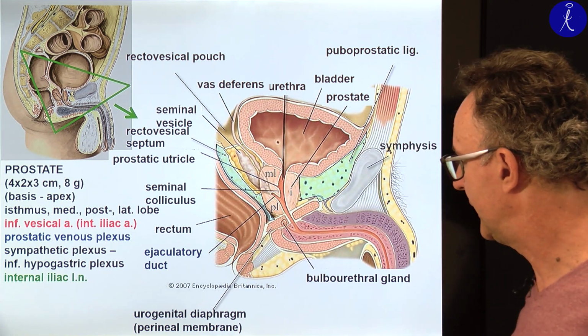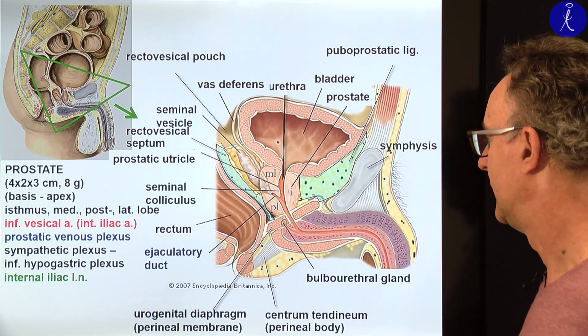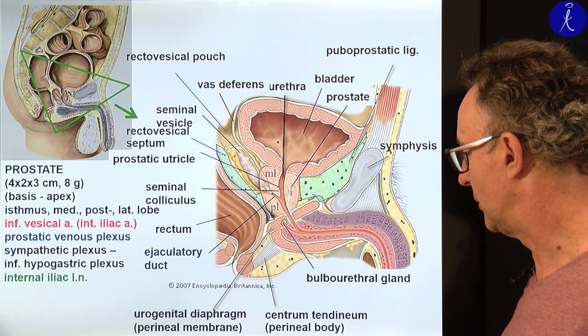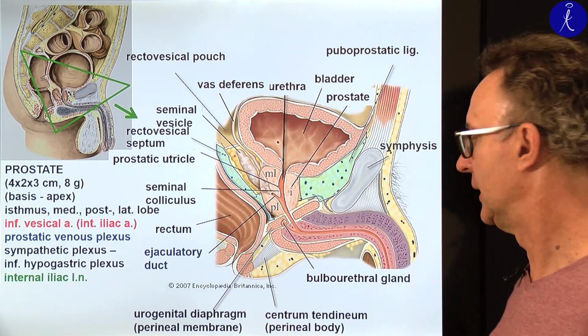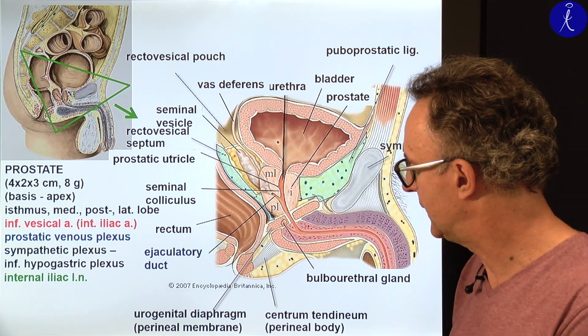We mentioned this earlier. And at the end, I like to highlight a very important center in the male perineum, the centrum tendineum in Latin, or in English terminology, the perineal body. This is where almost all the perineal muscles are united.